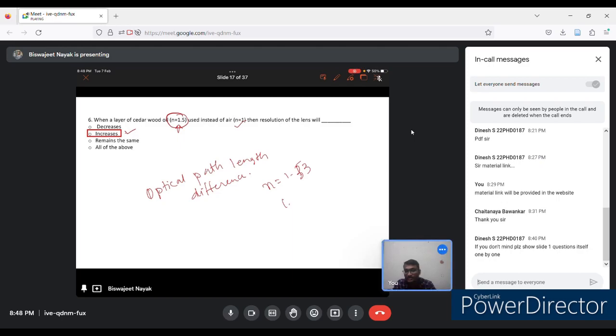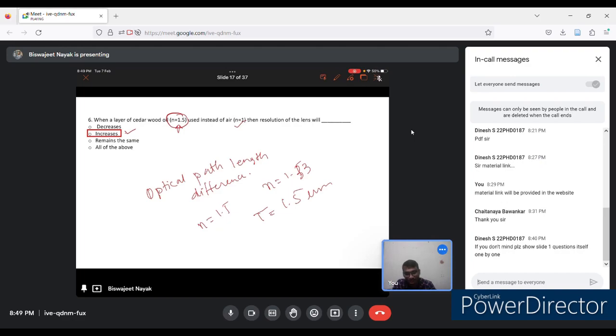And another one, the thickness where n value they are provided, sir, 1.5. 1.33 is the n medium they are provided, sir. But I can't understand, sir. N medium means what? N1, N2?